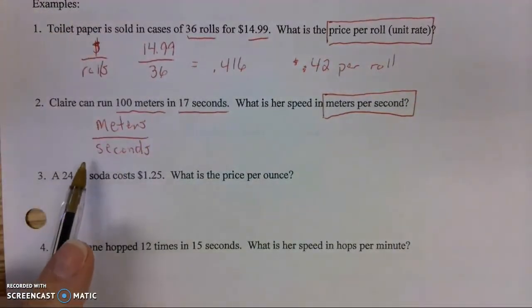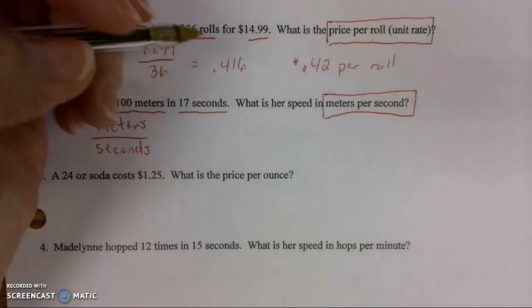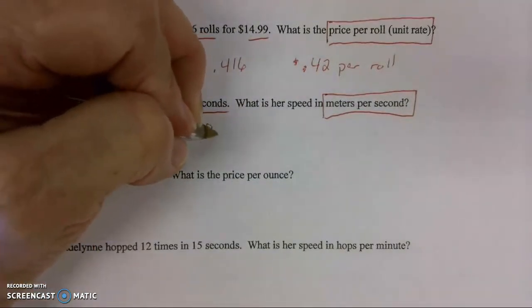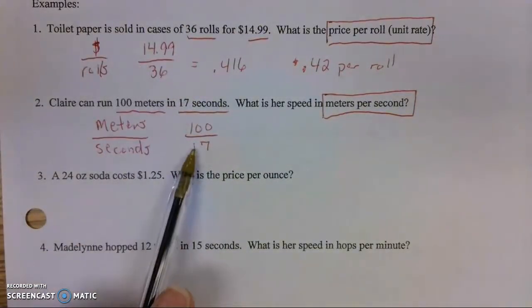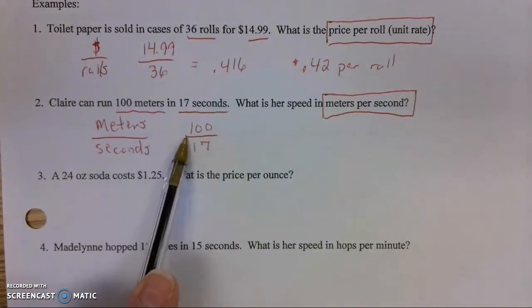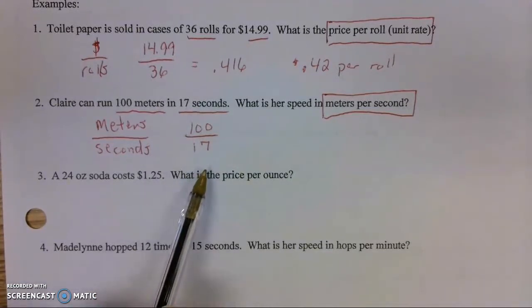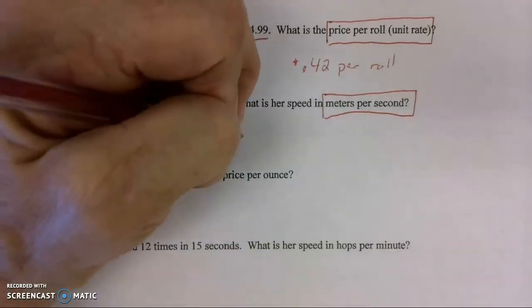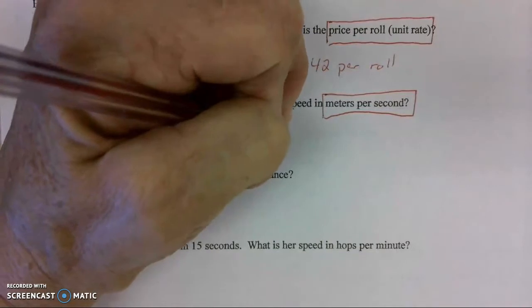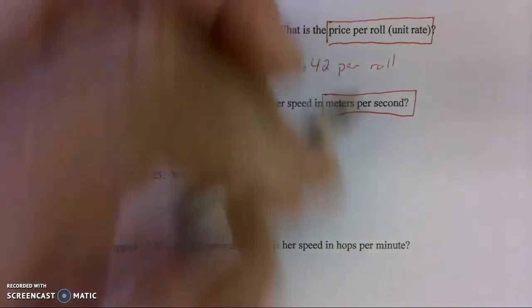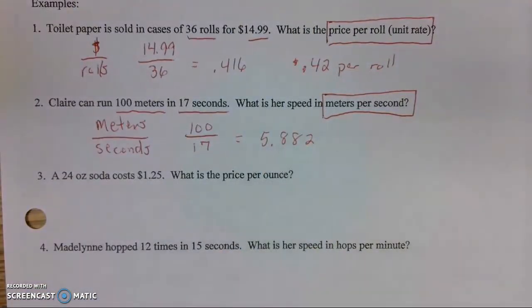Now that I know that this is my rate, I'm going to set this up 100 over 17. Now remember, whenever we have a fraction, that fraction line means to divide, which is what we're doing. We're doing 100 divided by 17. So 100 divided by 17, 5.882. Again, I only need to go 3 places.